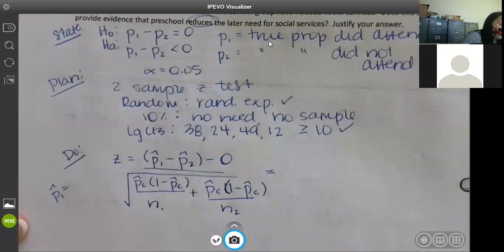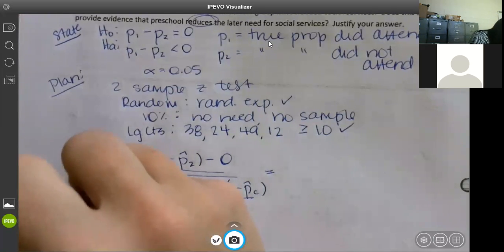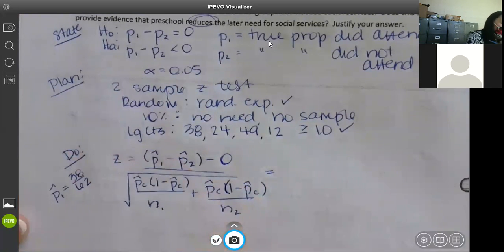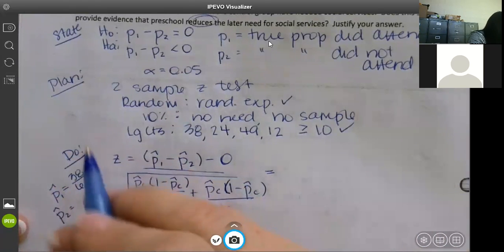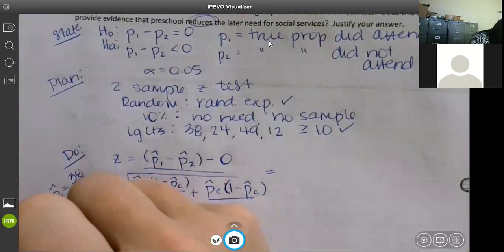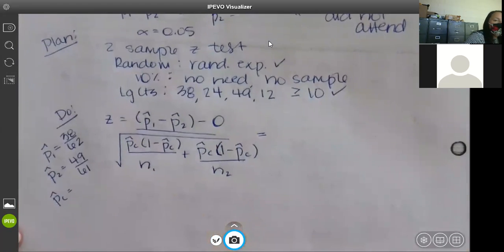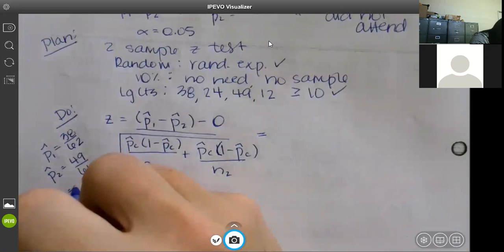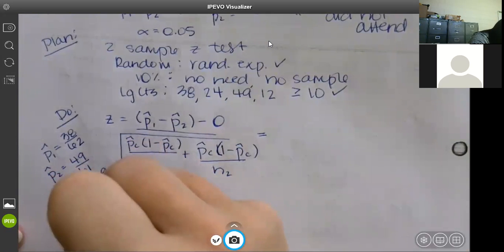What would p hat 1 be? 38 out of what? 62. 62. Yep, preschool kids. p hat 2 is 49 out of 61. p hat combined would be, how would you find it? 38 plus 49 over 62 plus 61.